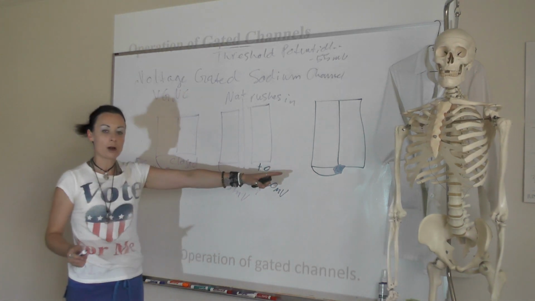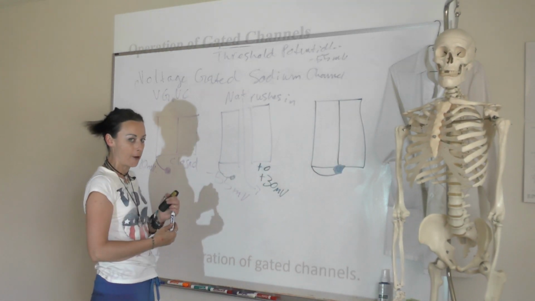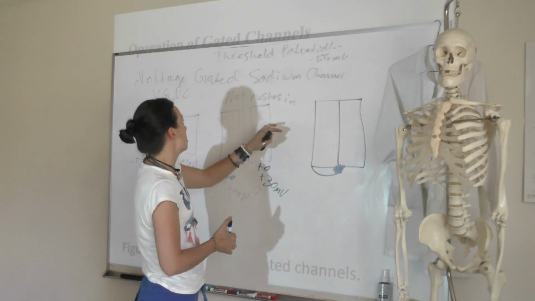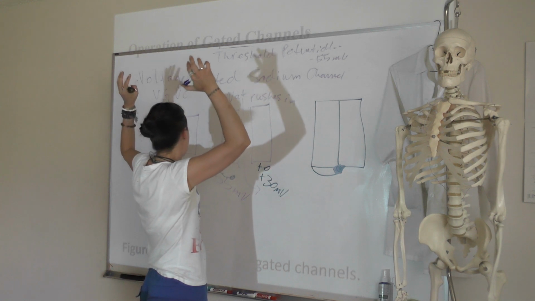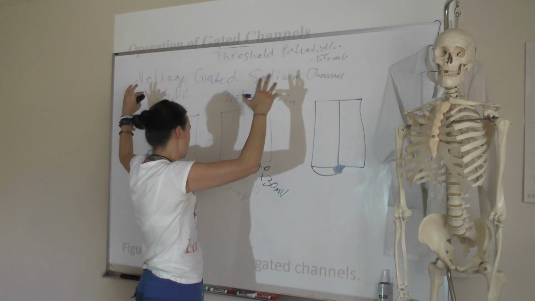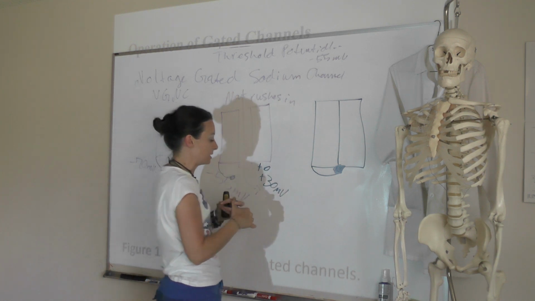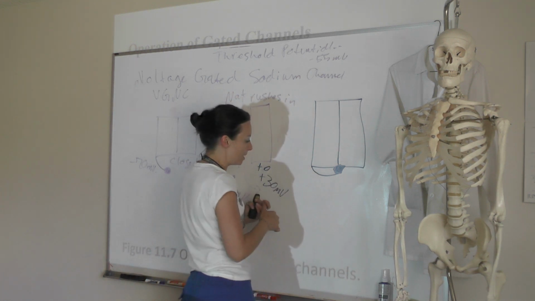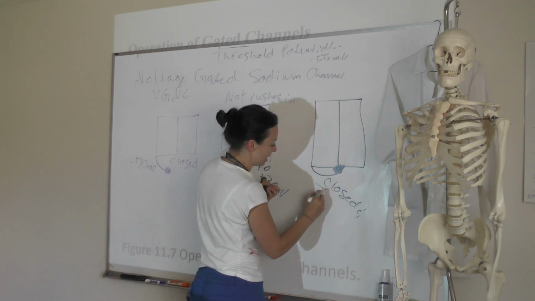That is really important because it keeps the action potential moving in one direction away from the cell body. So, we've got two voltage-gated channels that are important in the action potential. The voltage-gated sodium channel has three states: closed, open, and then closed and inactive.